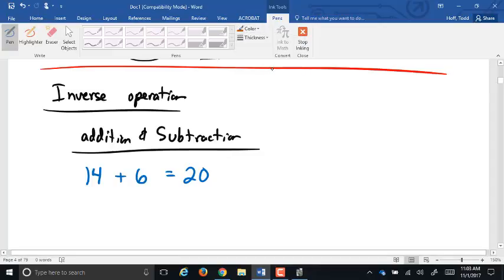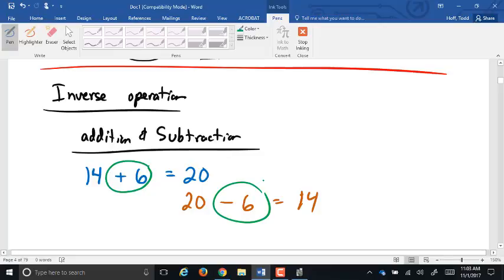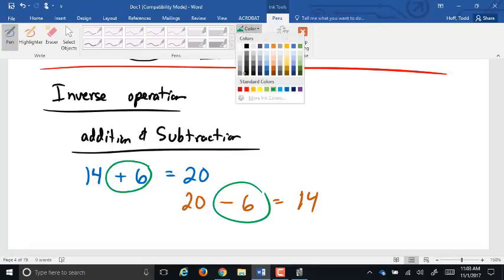If I want to turn that 20 back into a 14, what do I have to do? We subtract the 6, right? So adding 6 and subtracting 6 are the opposite of each other. They reverse each other. They undo each other. The same happens with our multiplication and division.